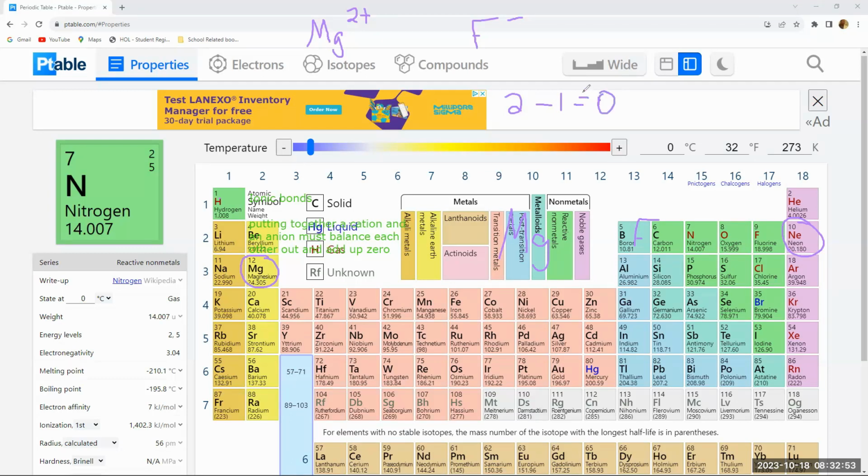No. Okay, so then how many fluorines will I need? 2. I'm going to need 2 of them. So then my chemical compound for this is going to be MgF2, because we know that now we have 2 plus, 1 minus, 1 minus, that does equal 0.